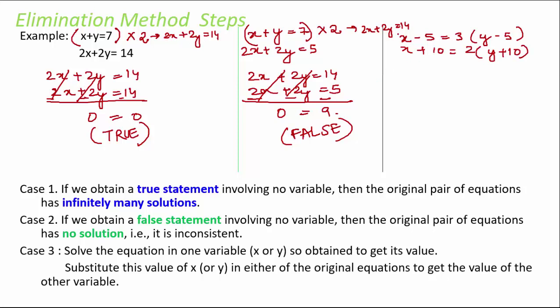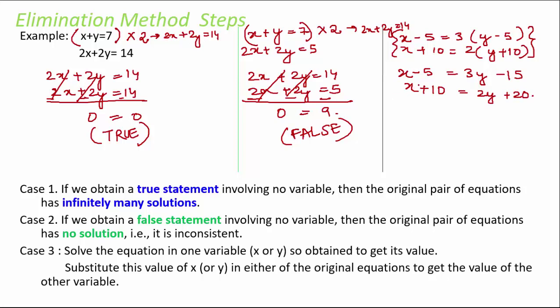So basically if you solve these equations, what you get is x minus 5 is equal to 3y minus 15 and x plus 10 is equal to 2y plus 20. So these are the two equations, right?